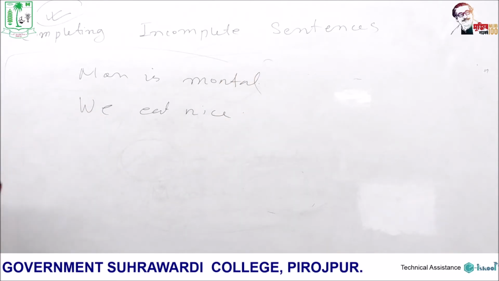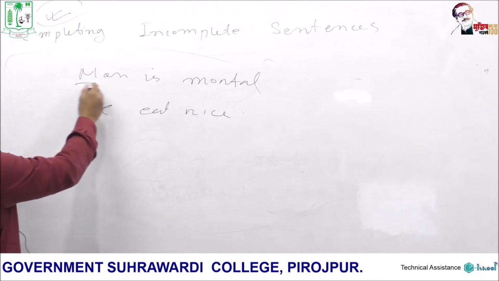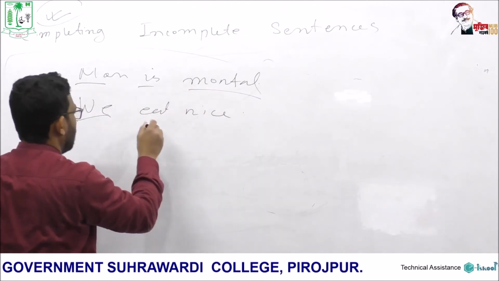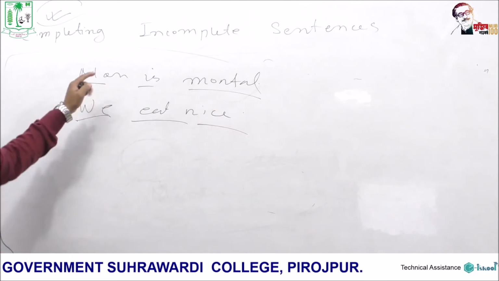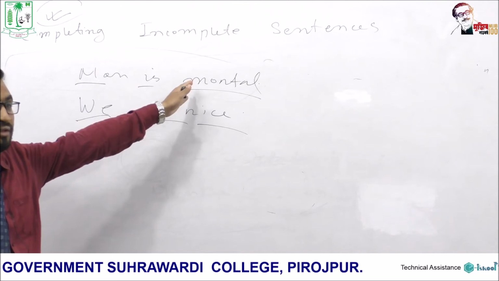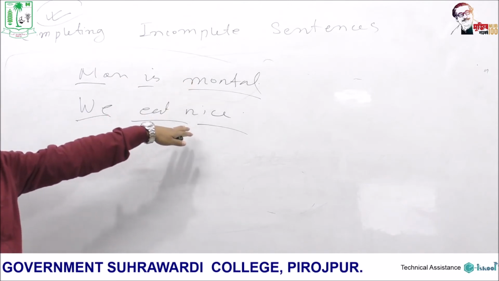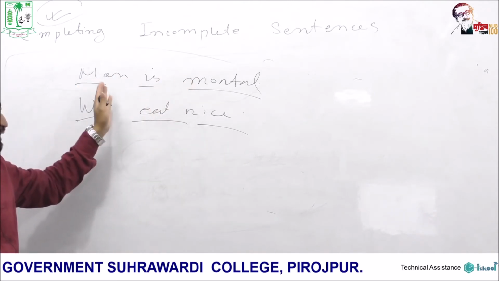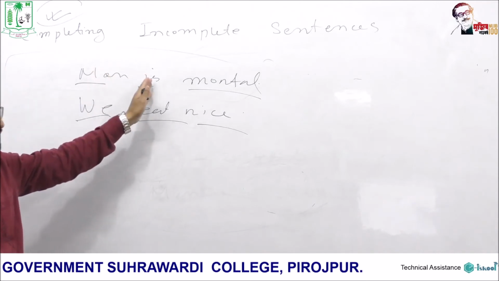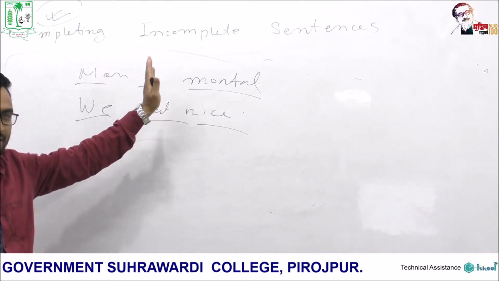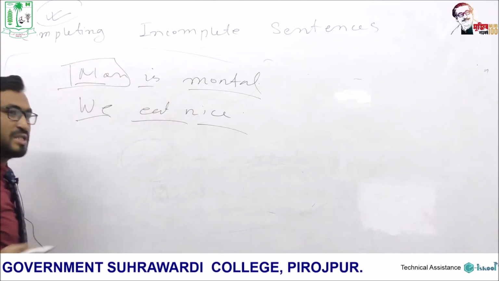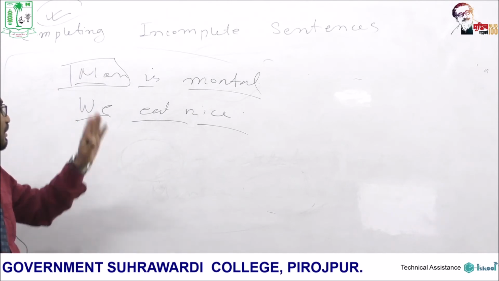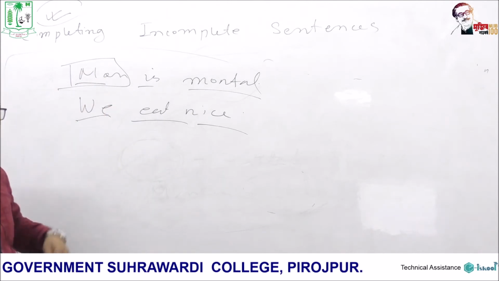Structurally, man is a word, mortal is a word, we is a word, eat is a word, rice is a word. But in English grammar, every word according to its position and function has a grammatical name. Man is man, no doubt, and is is a word, mortal is a word, but according to their function and position they have particular, specific names, that is technical terms, you know.